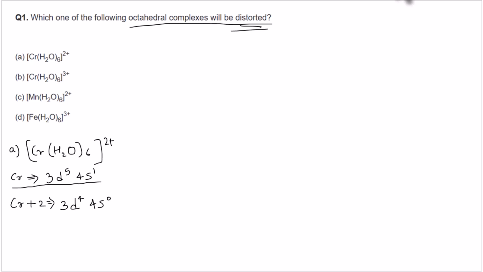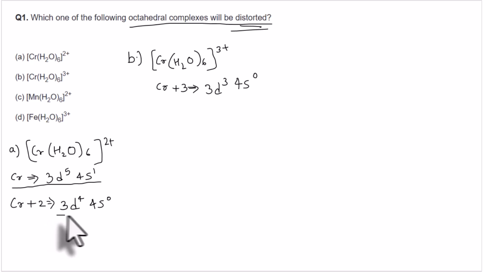We will discuss the filling of these electrons once we have the valence electronic configuration of all these ions. In the second complex, chromium is in the plus 3 oxidation state. In the plus 2 state, you saw this is 3d4, so in the plus 3 it is 3d3.